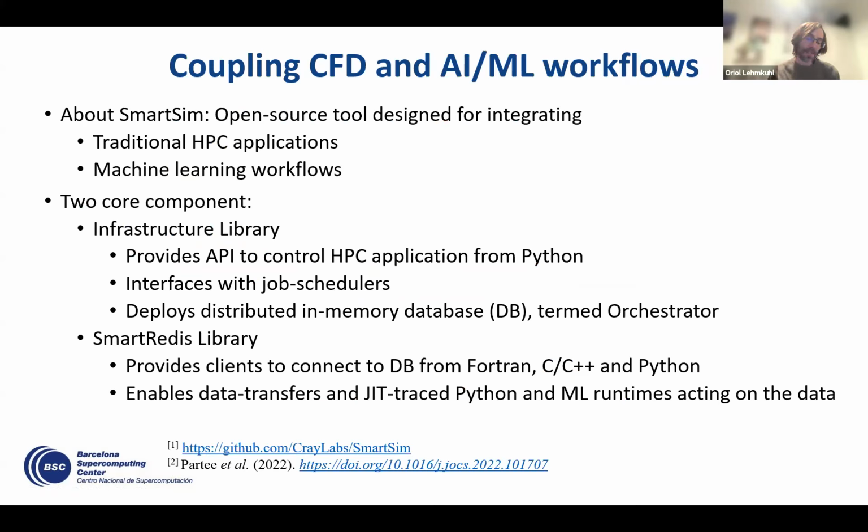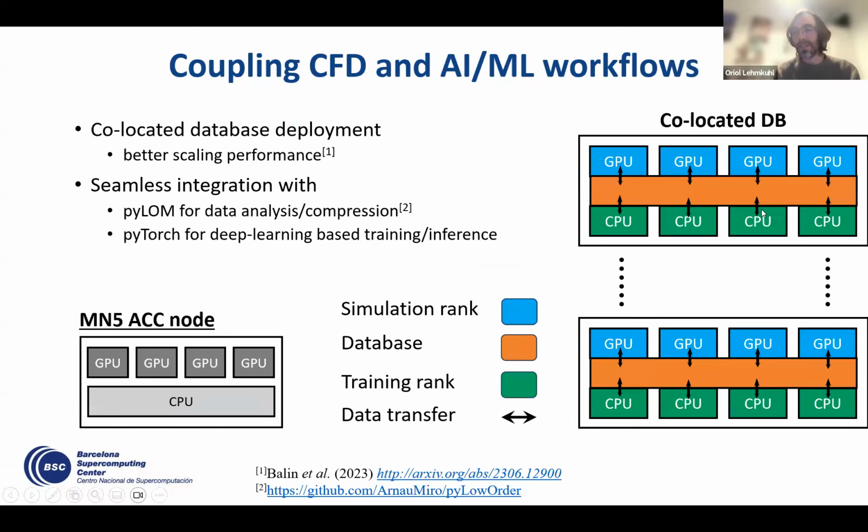We use SmartRedis to have a database in the middle where we are running our case, but now instead of passing some profiles, what we are passing are the snapshots that we want Pylon to process in the meantime that we are doing the simulation. Okay, so the idea is the same.